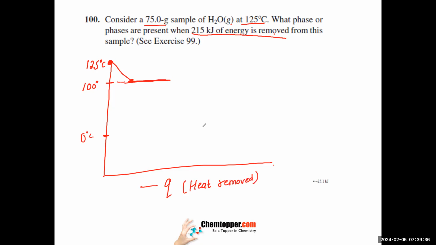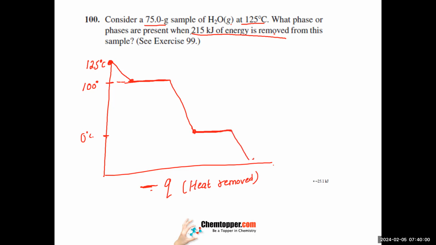Method is same, everything is same. Only thing is that now it is going to retain a negative sign. Then you come to 0, the freezing point. And then it starts freezing. This is the freezing process. It's becoming ice and then down.